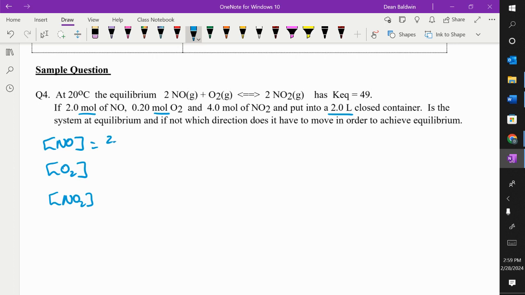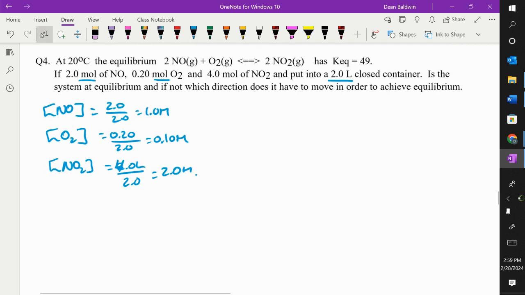So NO is going to be 2.0 divided by 2. O2. NO2, 4 divided by 2. Okay. Then you calculate your trial KEQ.